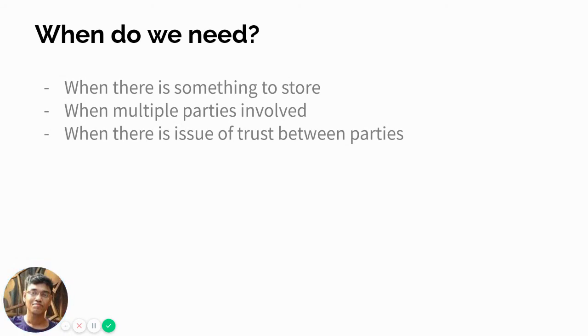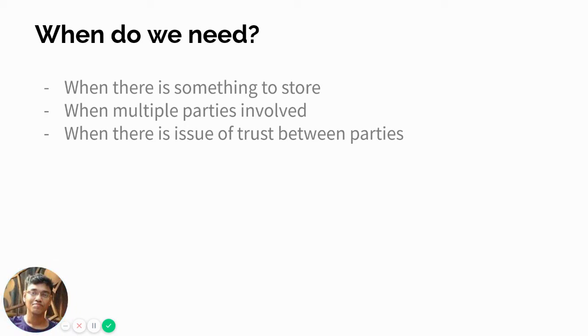So when do we need blockchain? Three points, right? When there is something to store. Like I said, the blockchain has a database, which is storing some data, right? So when there is a need of storage, and of course, in most applications we need storage, right? The second is when there are multiple parties involved. Which means if you have a single party, there is no point of having a blockchain because that is trusted, right?